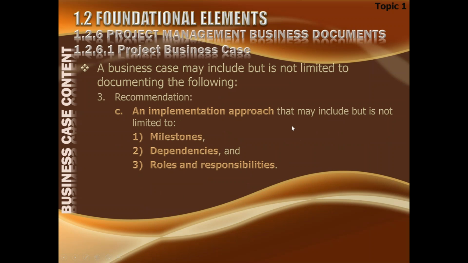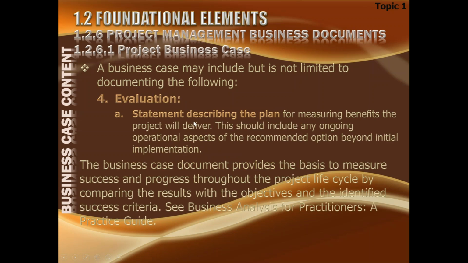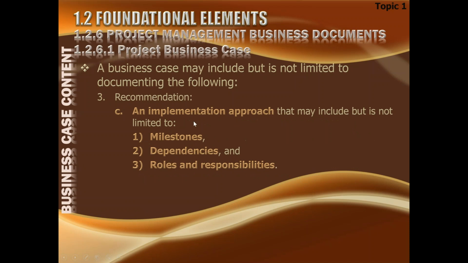An implementation approach may include, but is not limited to, the milestones. Now, we have not yet started the project. The project has not yet been approved, but still at this stage, we are talking about if this approach is selected, if this is my implementation approach, what will be my major milestones?